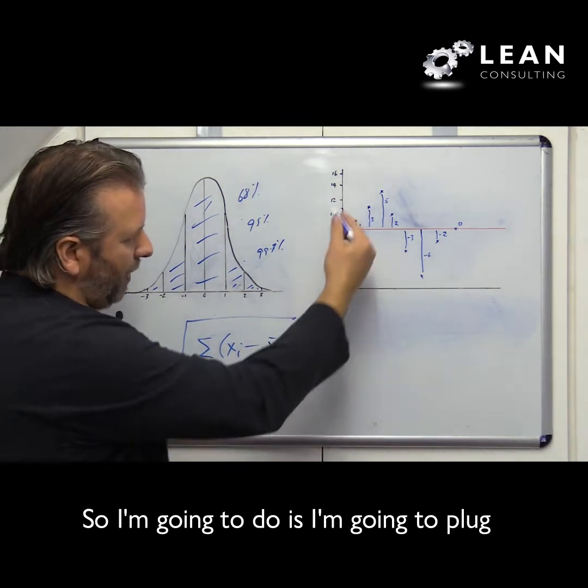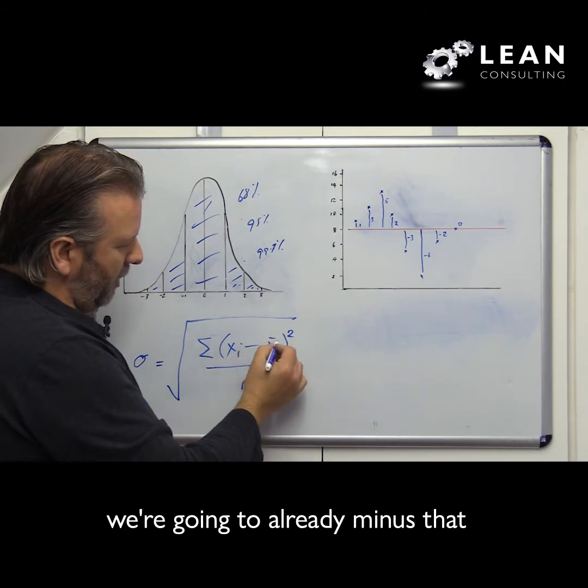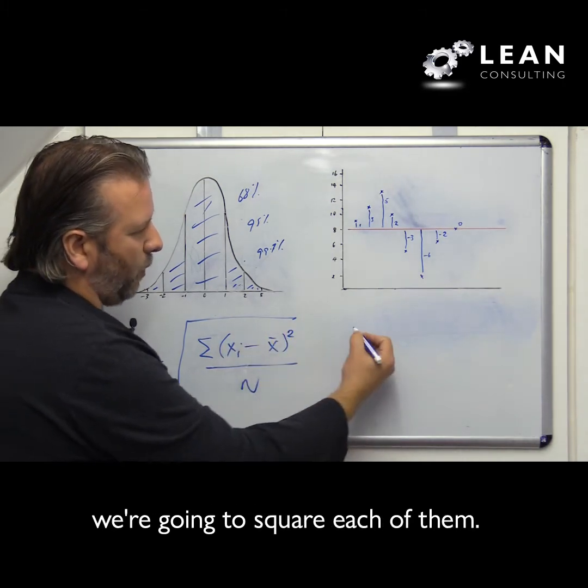So what I'm going to do is plug all these values in. So we're going to do this bit of the formula here. We've already minused it. We're going to square each of them.